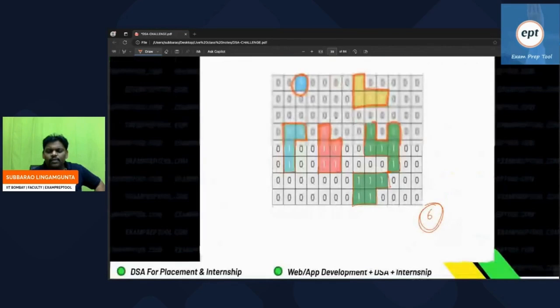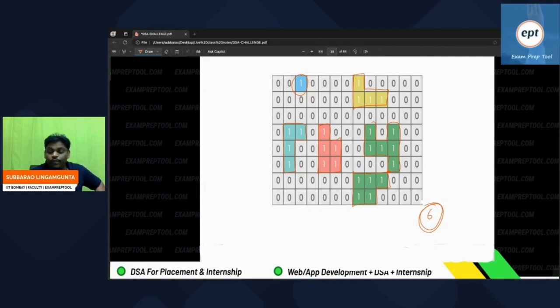If you consider it as a graph, the answer for this one is you can apply BFS or DFS. The problem looks so scary, but actually it is BFS or DFS, finding the number of connected components. It is one connected component, and one more connected component. In a graph, if two vertices are adjacent, you will take them.